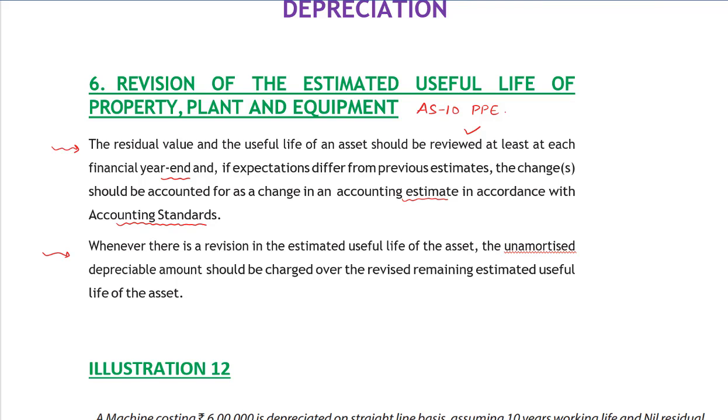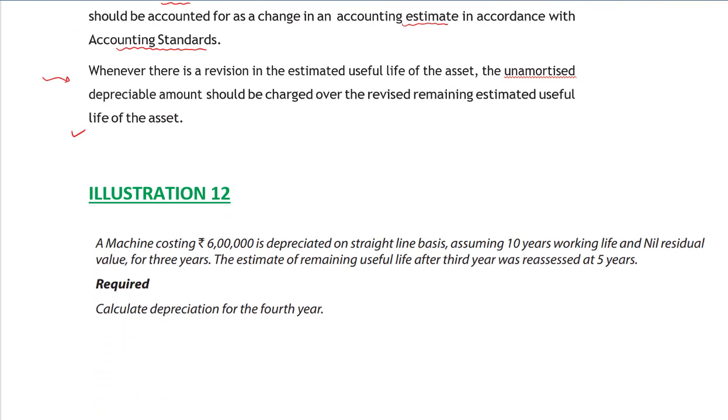Whenever there is a revision in the estimated useful life of the asset, the unamortized depreciable amount should be charged over the revised remaining estimated useful life of the asset. Let us see an illustration in relation to this.